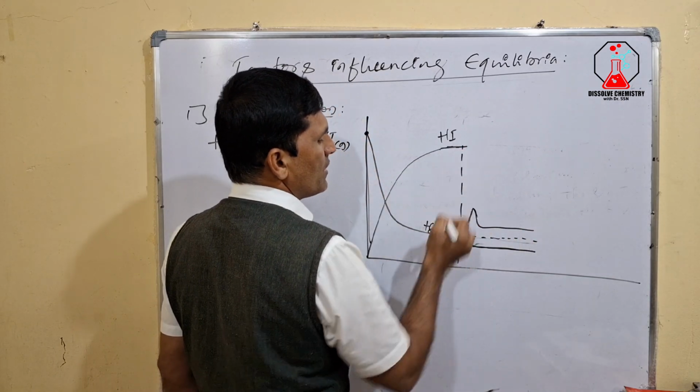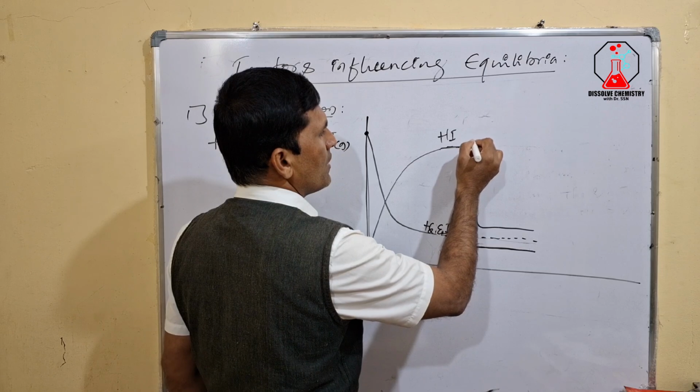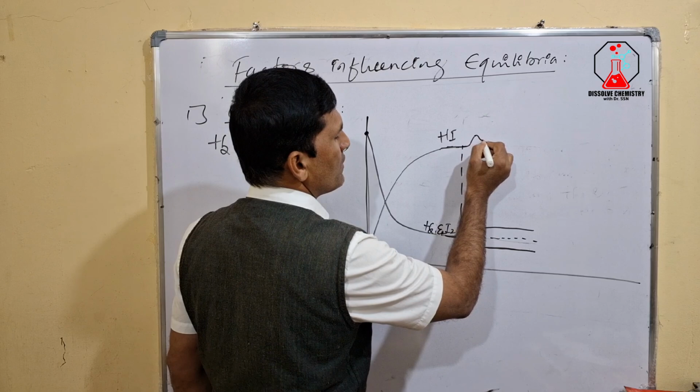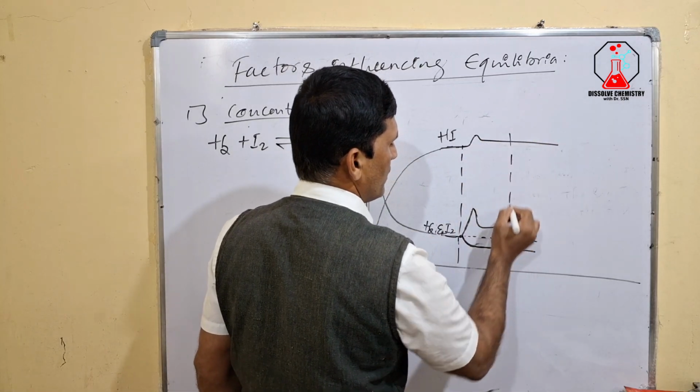When you alter the concentration of hydrogen, the concentration of HI also increases, and the equilibrium is once again re-established.